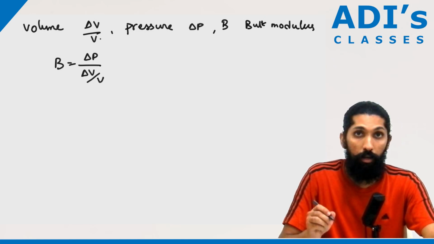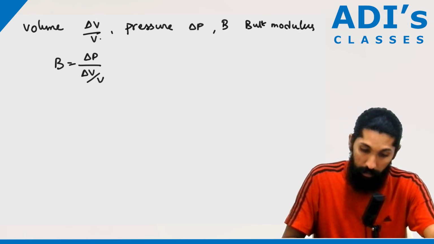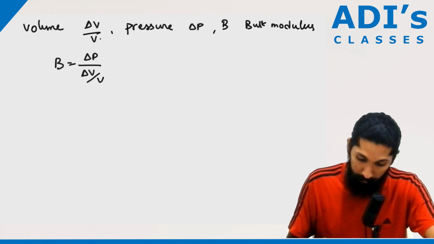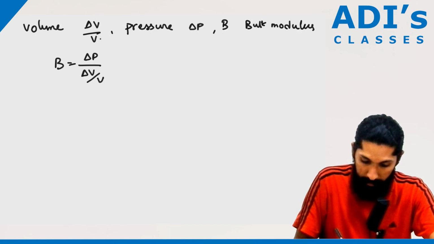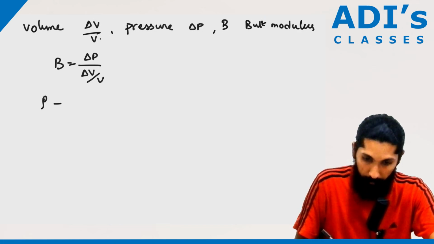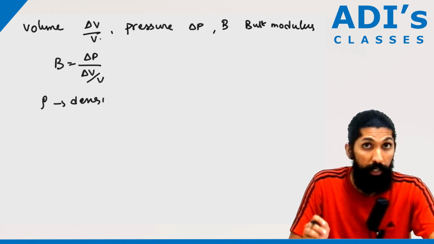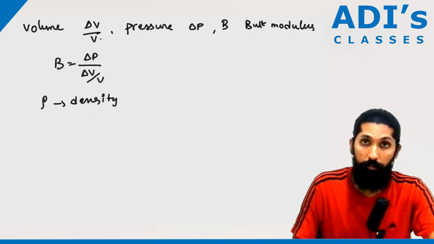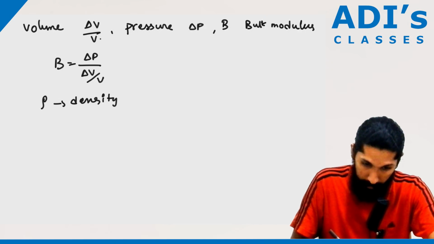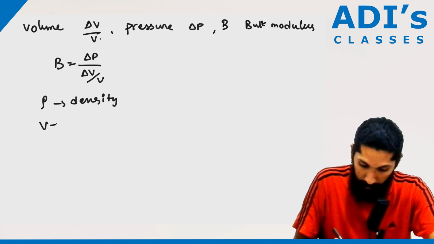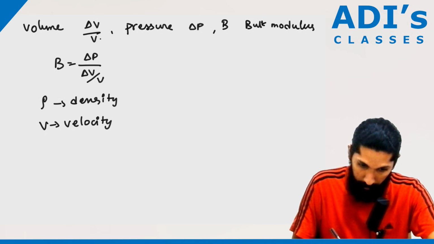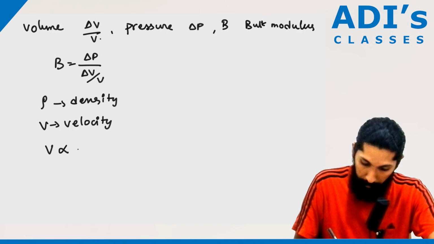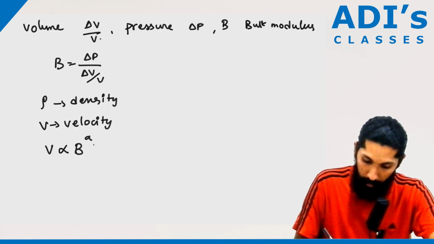Now, whenever we have the bulk modulus, a very important part is the density, rho being the density. So the speed of this particular wave, look at the screen here. Let V be the velocity, or the speed. Velocity V is proportional to B power a, rho power b.